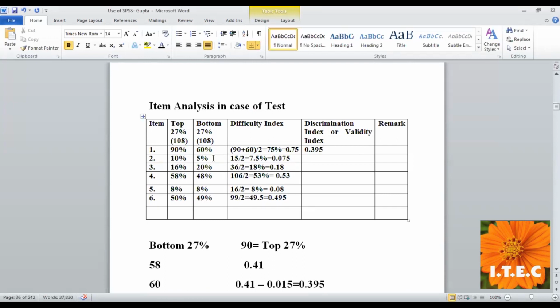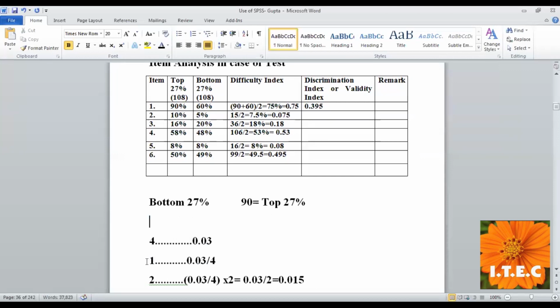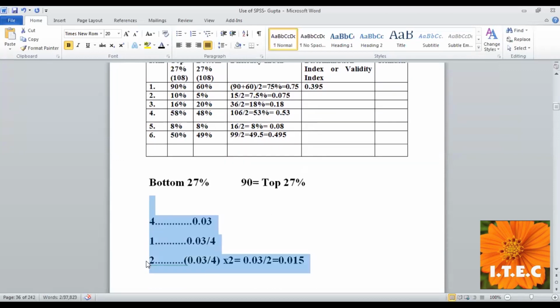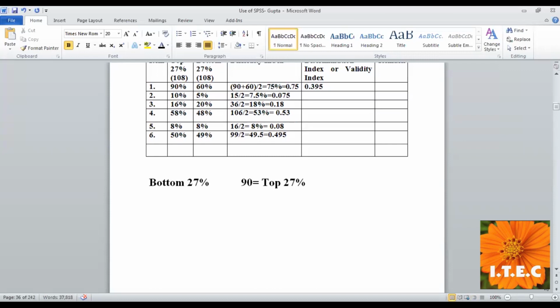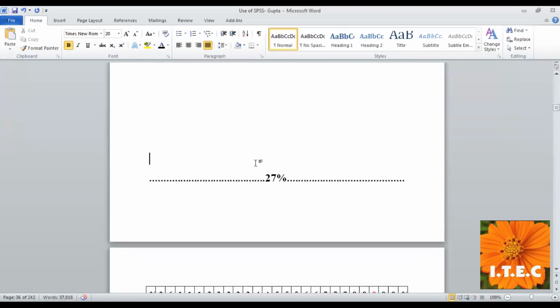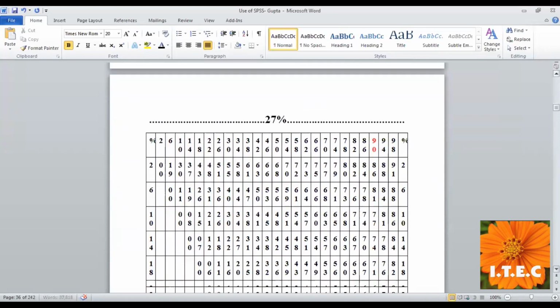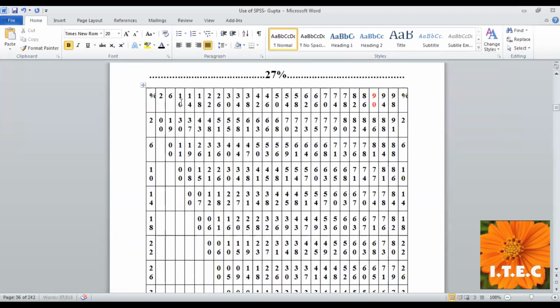Now the 10 and the 5. So let us find out for the second. Now in the second one, it is 10 and the 5. So this is 10.